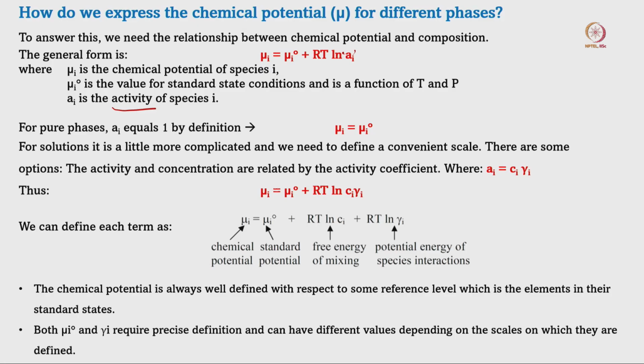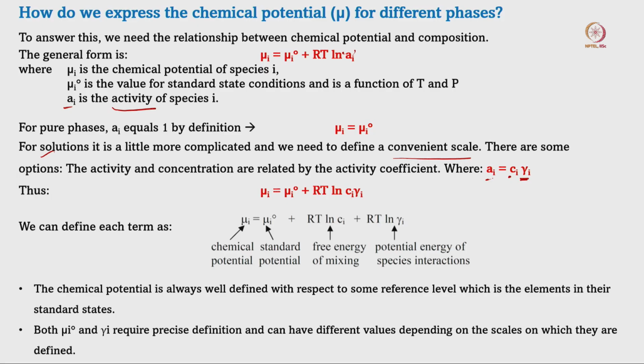For solutions, we are therefore going to define a more convenient scale, one that is more real, and there we use this term called activity. How are activity and concentration related? Activity of a particular species is equal to the concentration of that species multiplied by its activity coefficient.